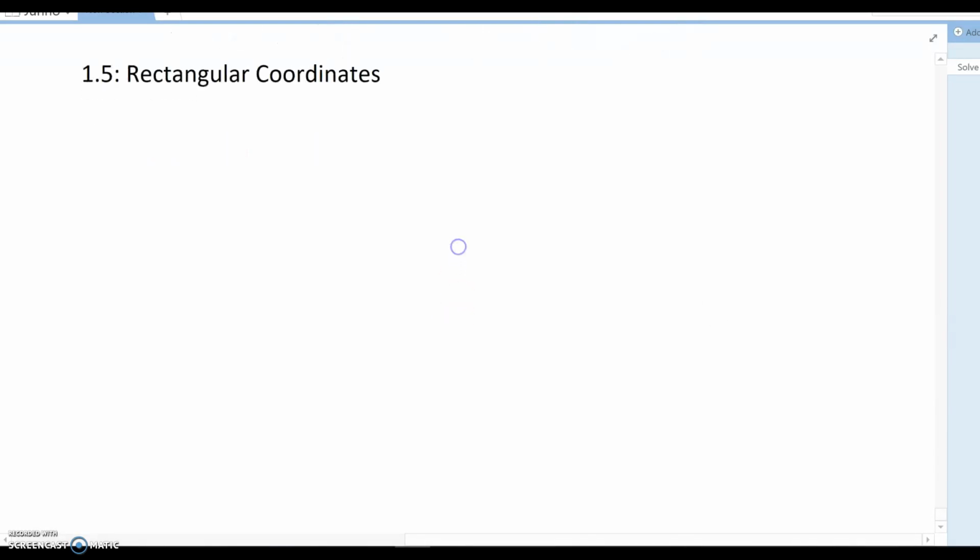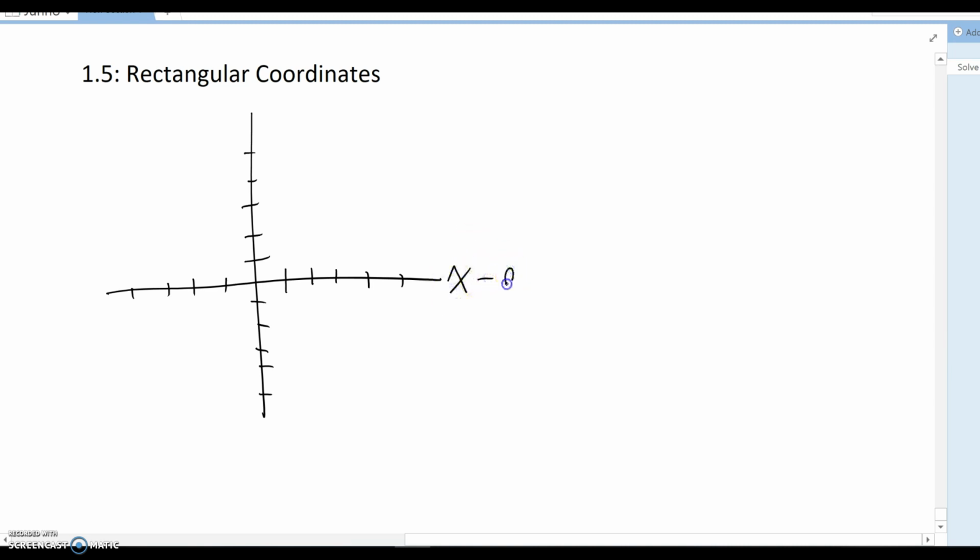So 1.5, the rectangular coordinate. In this section we want to talk about the plane graph. So basic information. If we have a plane graph like this, we always call the horizontal axis the x-axis and the vertical one the y-axis.